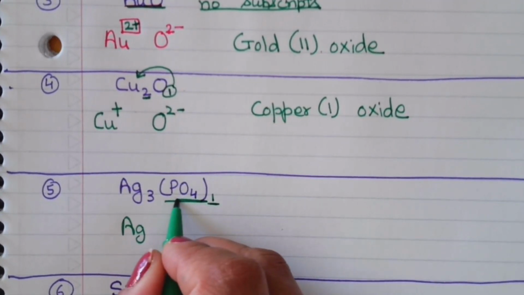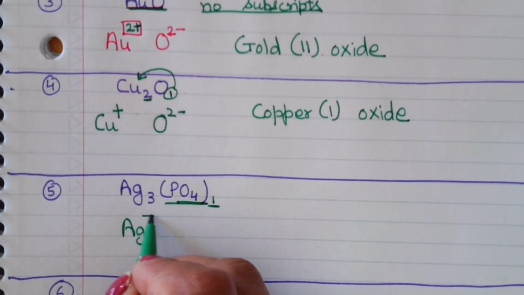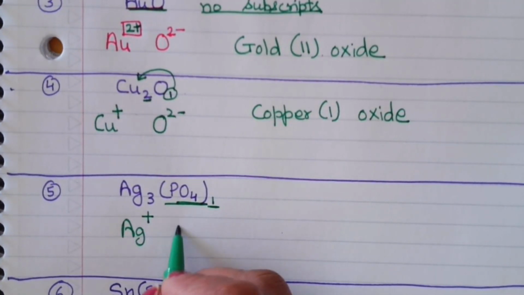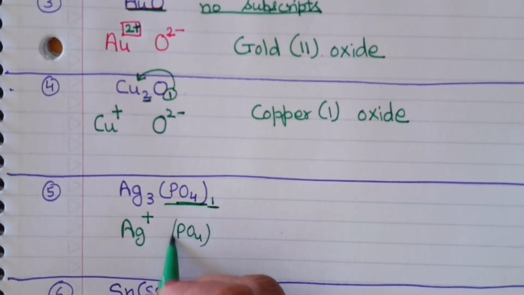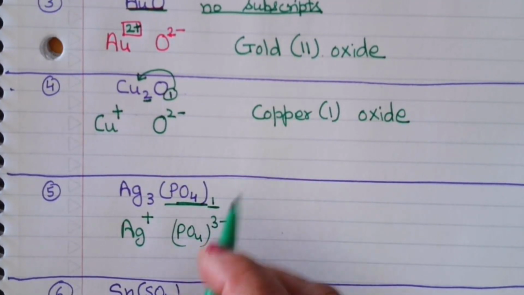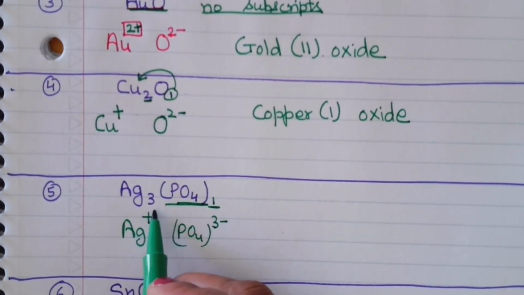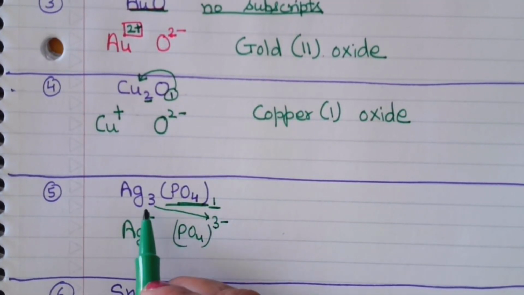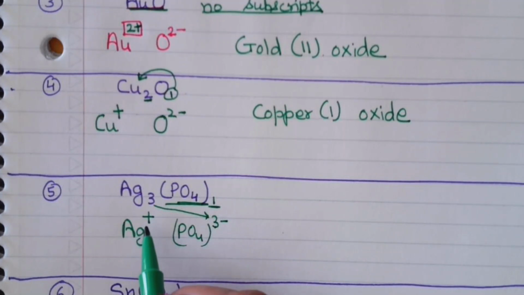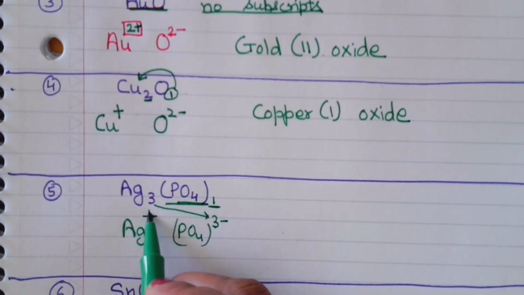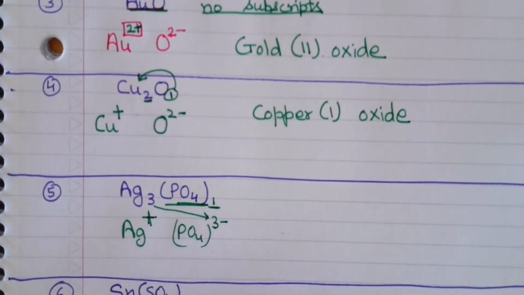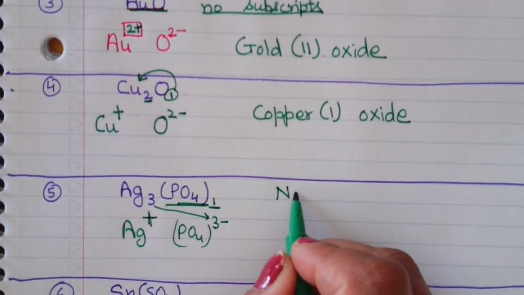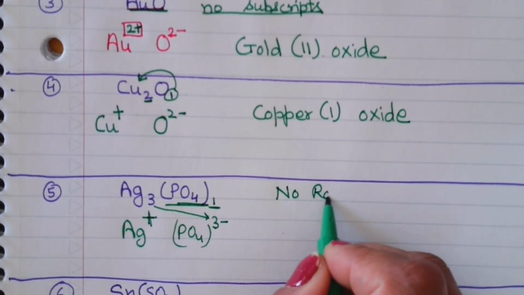So this is the anion, right? Silver is 1 plus, and we have phosphate which has a charge of 3 minus, right? So this 3 minus becomes the subscript of Ag, right? Since Ag is one of those 3 metals in the d-block that only make one type of cation, we do not need Roman numerals.